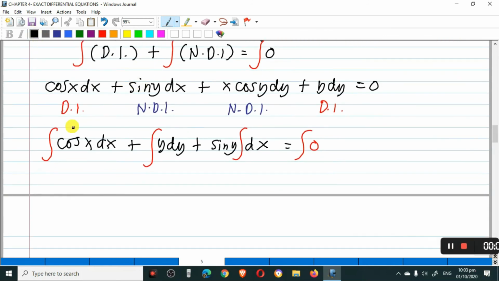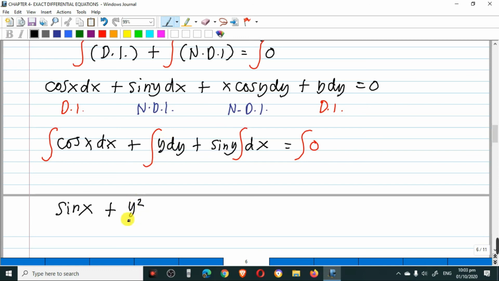So, let us integrate. The integral of cosine of x dx is simply equal to sine of x. Correct? Positive. Plus, using the power formula, y squared over 2. Plus, sine of y is constant, so just copy yung constant mo. Then, integrate the dx.